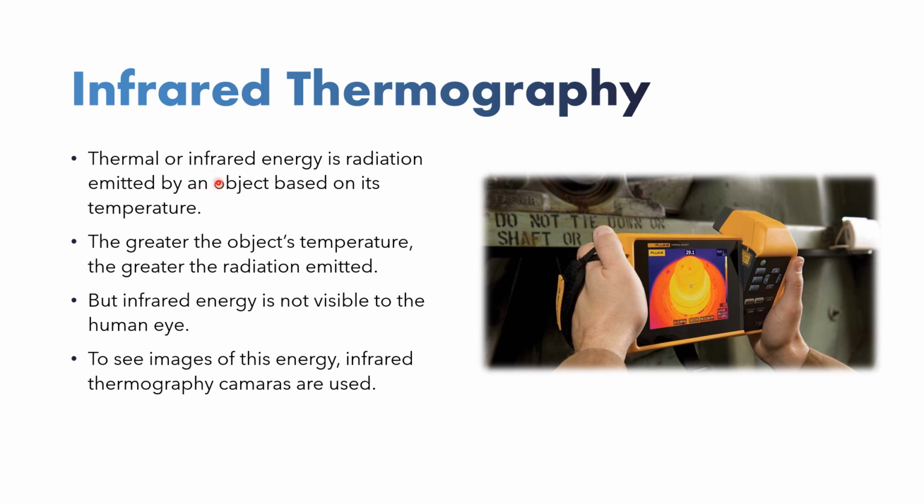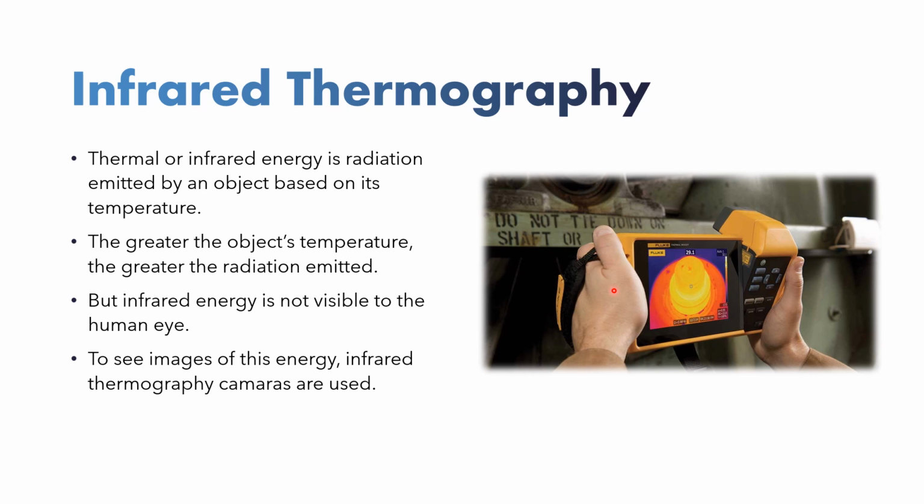So thermal or infrared energy is radiation, and that radiation is emitted by an object based on its temperature. Okay, temperature meaning the little things inside of the material start to move around. How much they are moving is the indication of your temperature. So the greater the object's temperature, the greater the radiation emitted.